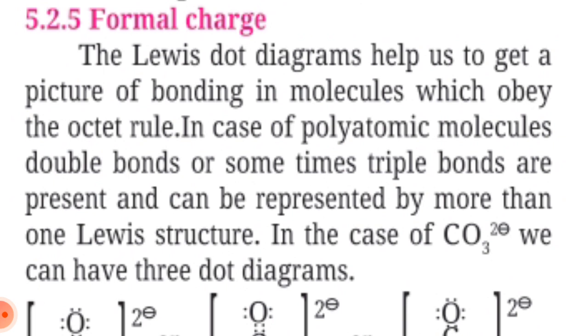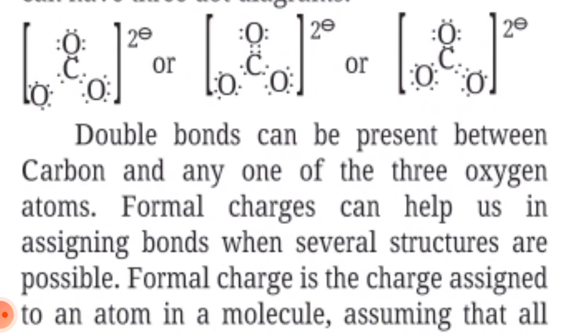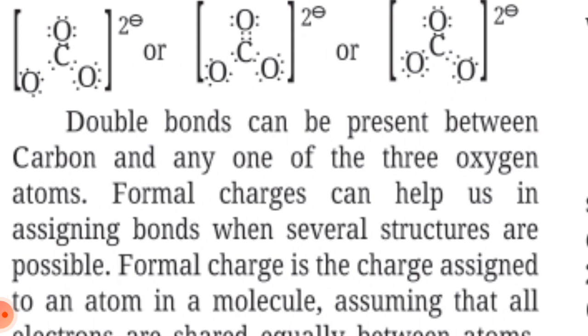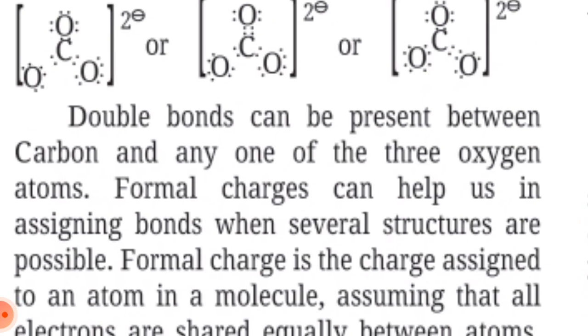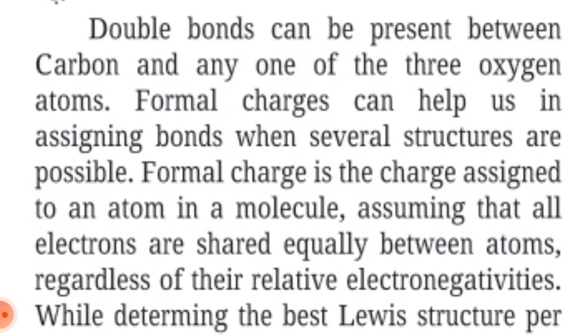In the case of the carbonate ion, CO3 2 minus, we can have 3 dot diagrams. Double bond can be represented between the carbon and any one of the three oxygen atoms.